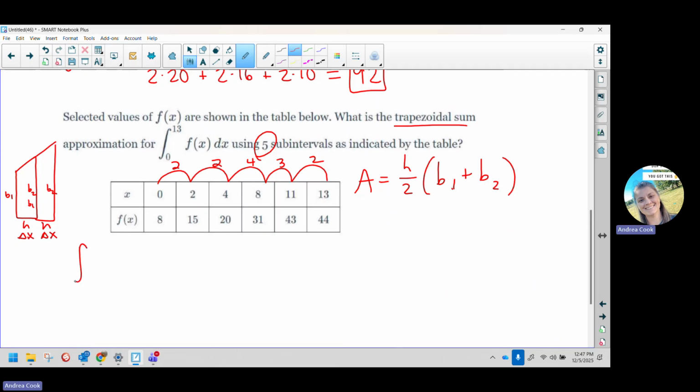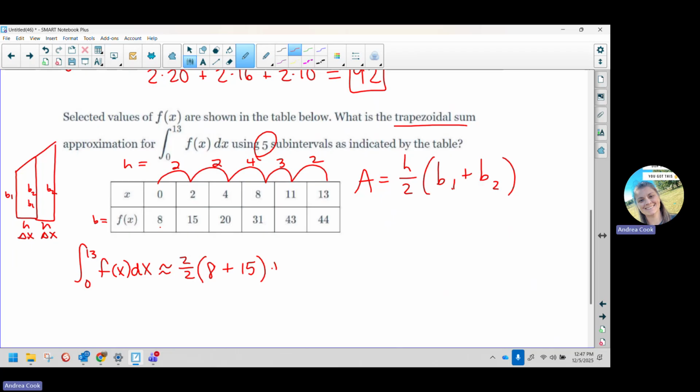So to approximate from 0 to 13 f of x dx, these are the heights and these numbers are the bases. Okay, so 2 divided by 2, base 1 is 8, base 2 is 15.